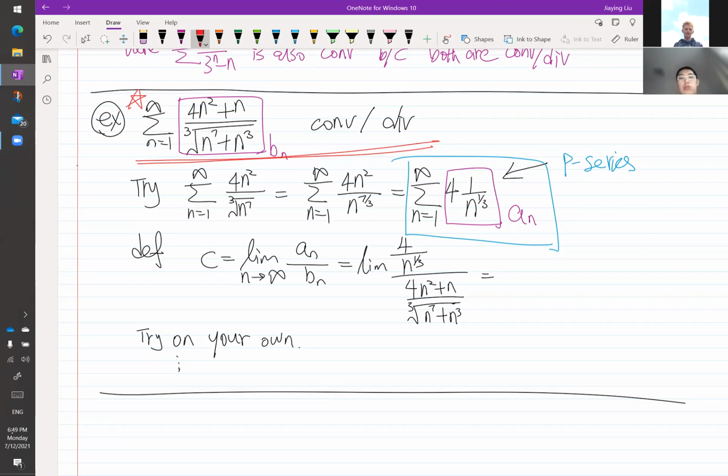So we have to show that C is positive and finite, so that we know that both series behave the same way. And then from the P series, we know one of them is, I think, divergent in this case, then both of them will be divergent. So we still have to show the work for the C part.